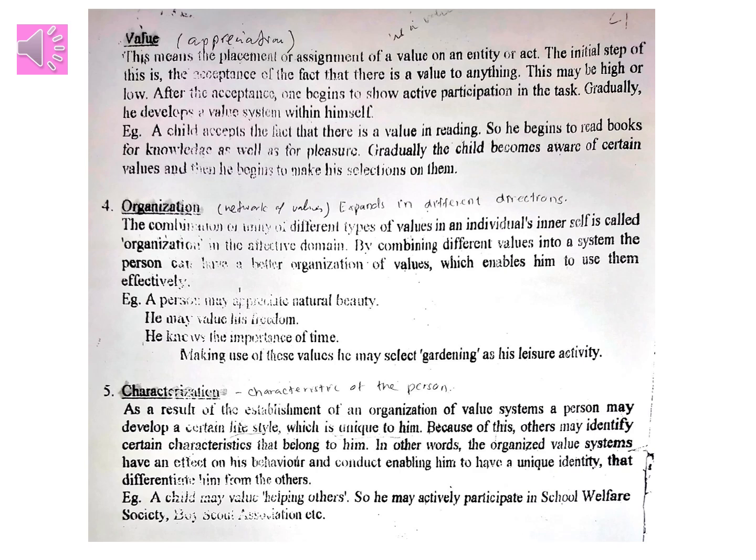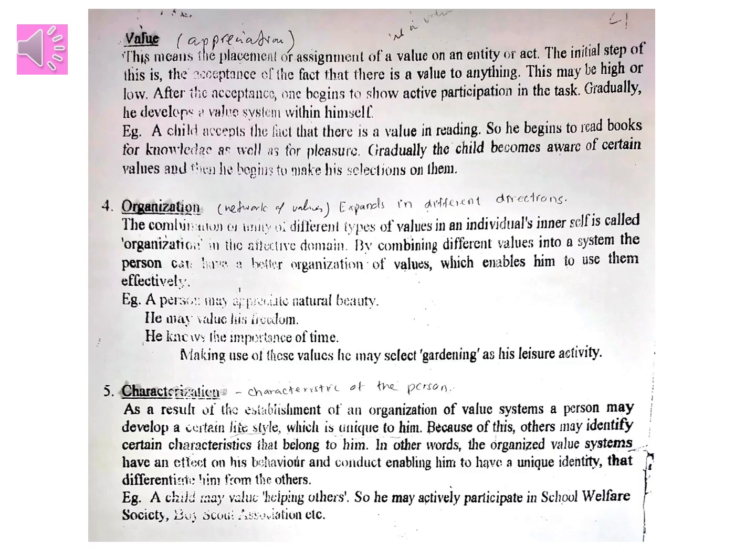Number 4, organization. What is this organization? The combination or unity of different types of values. Organization means a combination of different types of values, not only one, right? Values in an individual's inner self is called organization in the affective domain.